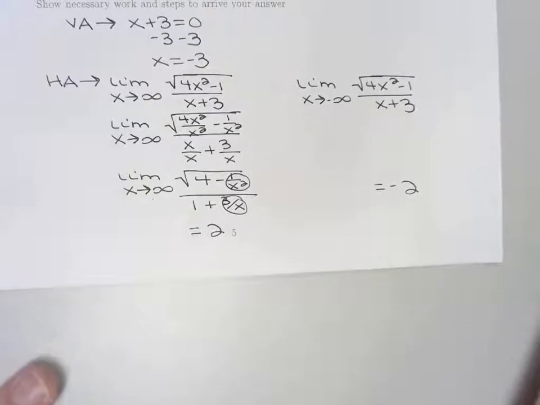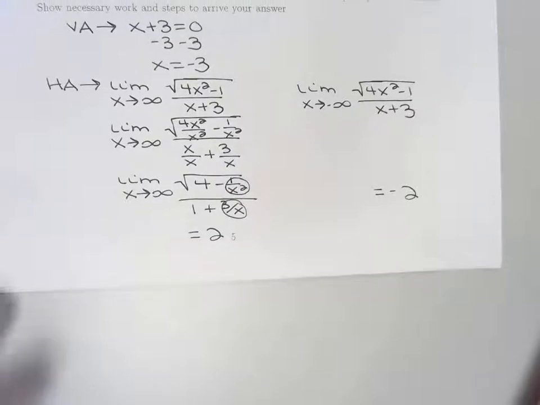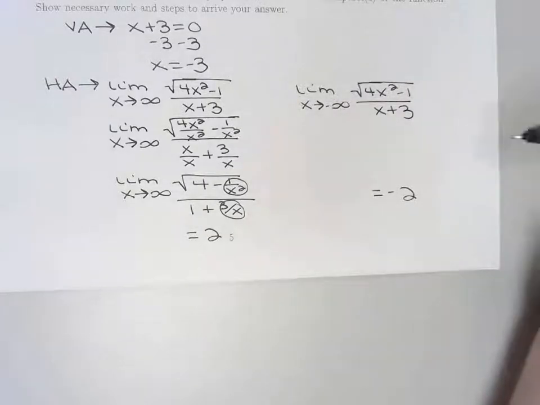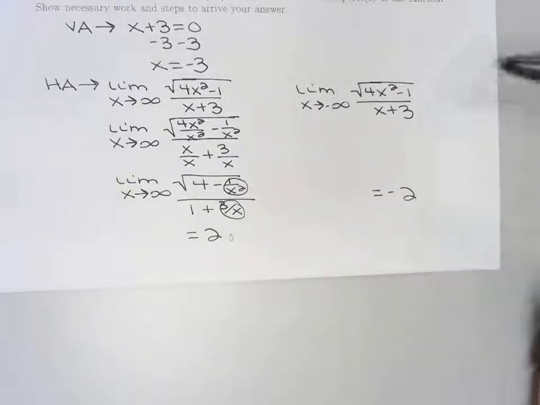I believe yes. Okay, so when you're checking horizontal asymptotes, how do you know when to do the limit as x goes to positive infinity or negative infinity versus when it approaches from the right and from the left? If you're looking for horizontal asymptotes, you're going to check both, because the horizontal asymptote on the left and the right could be different, technically.